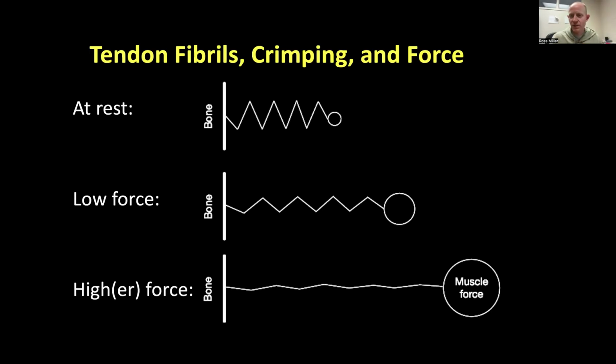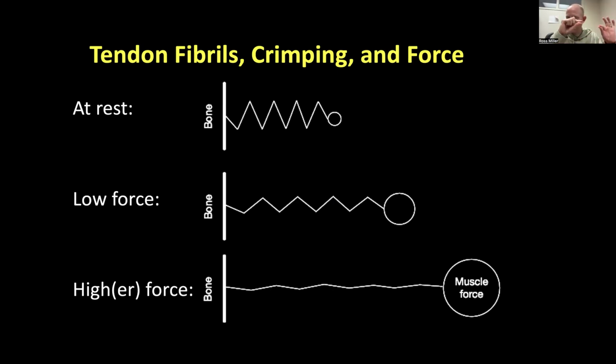So as you apply larger and larger forces from the muscle fibers, reflected in these figures in the size of this ball getting larger and larger and pulling those tendon fibrils to longer and longer lengths, what's actually happening is the fibrils themselves aren't elongating or stretching. What's actually happening is they're uncrimping. Okay, they're rotating from something like this at the top at rest, where they're very crimped.